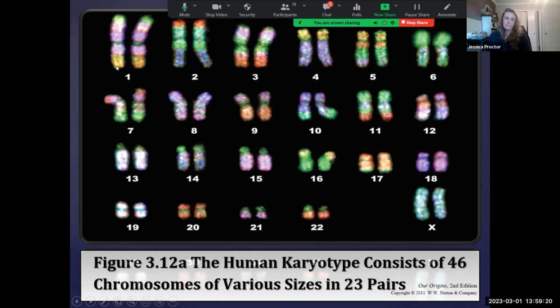Now, if you guys are noticing, the homologous chromosomes are identical. They've got the same banding pattern, they've got the same centromere location, they're the same length. So that's why they're homologous, because at each location, those are the alleles for a similar characteristic. Now, the larger the chromosome, the more genes.